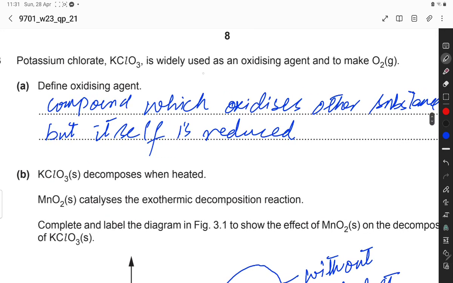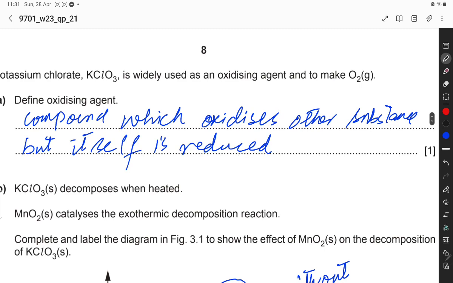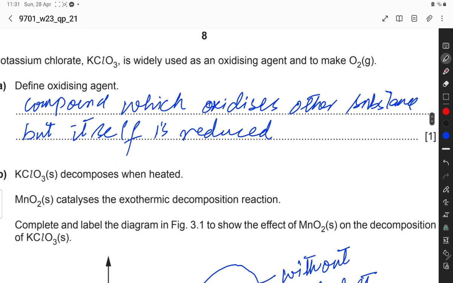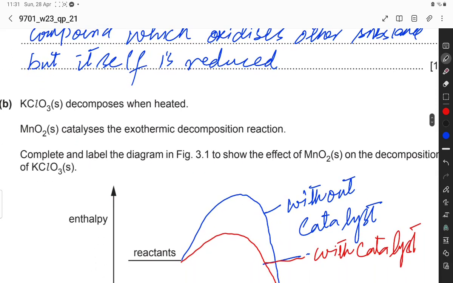Potassium chlorate is widely used as an oxidizing agent and to make oxygen. Define oxidizing agent: a compound which oxidizes another substance but is itself reduced after gaining electrons. KClO3 is decomposed when heated. Manganese(IV) oxide catalyzes the exothermic decomposition reaction.